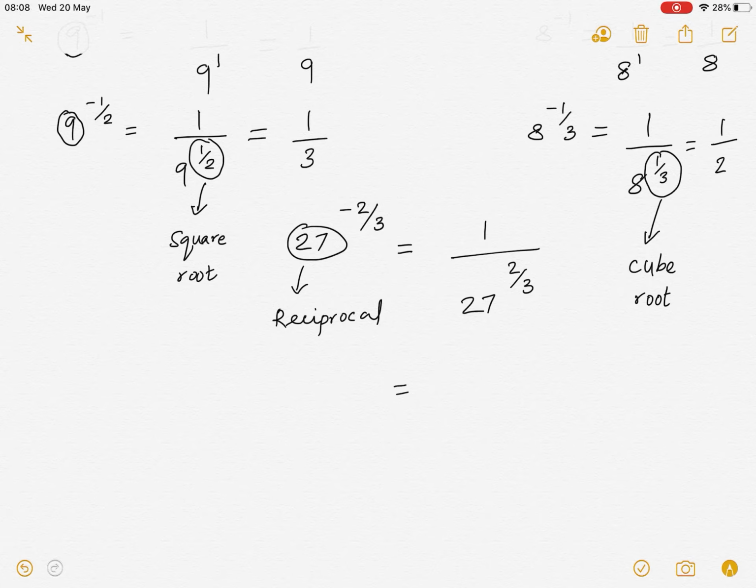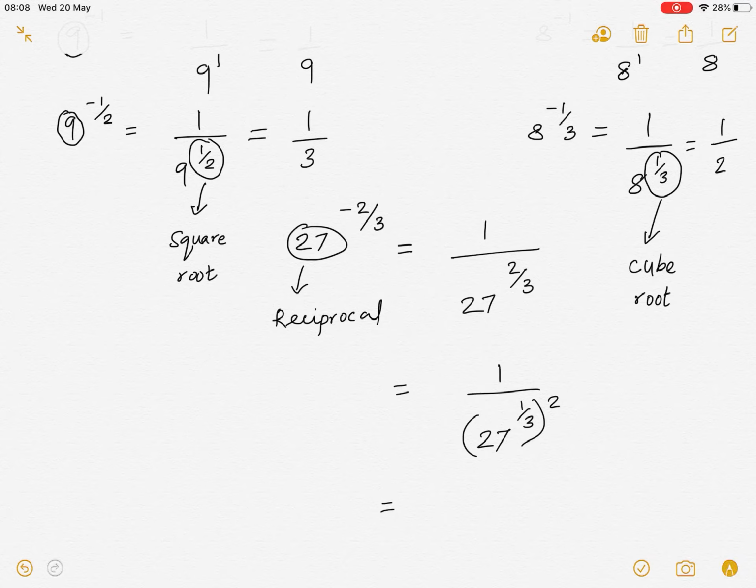Right. Now, we need to split the 2/3 into a fraction and a number. So we're going to split 2/3 as 1/3 and put that in a bracket and put the 2 outside, because we know that 1/3 times 2 is 2/3.